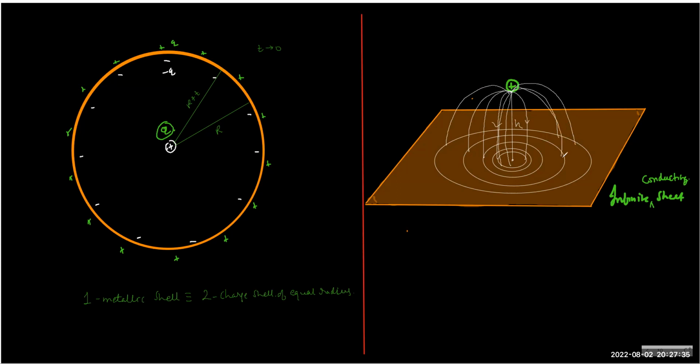They simply land anywhere. It will be a diagram like this, like a fountain. Field lines will emerge like this, and like a fountain, they will come back to the ground because negative charge will be induced here. So the entire sheet will be negatively charged.